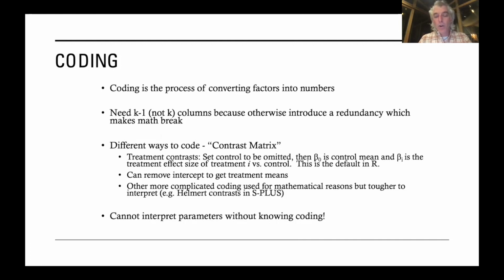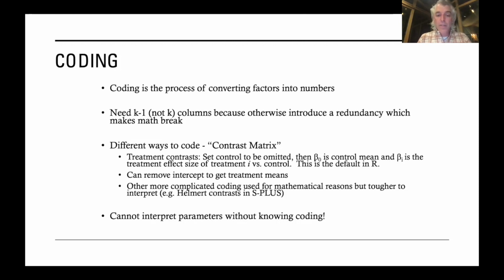Now, the particular way that your statistical package generates this contrast matrix or series of ones and zeros representing which particular observation goes in which category will depend on the particular statistics package you use. And in some cases, you have some control over what particular contrast matrix you want your statistical package to use.